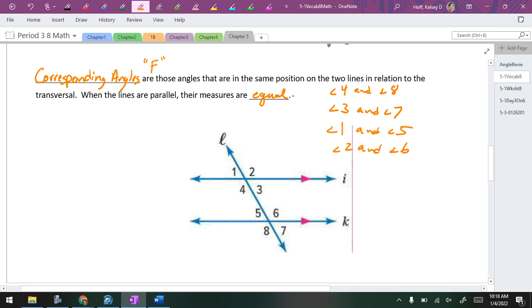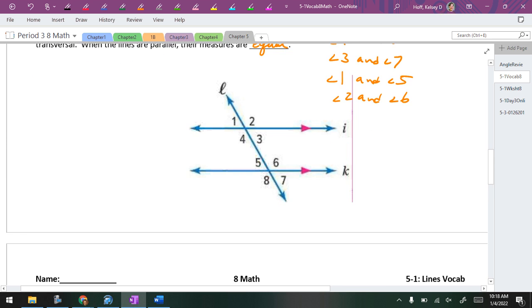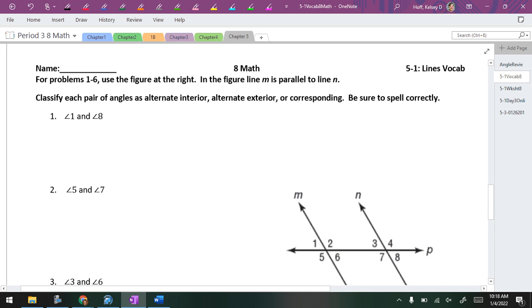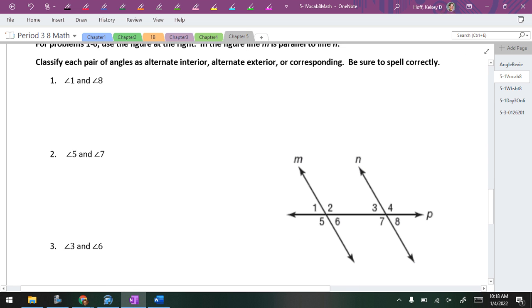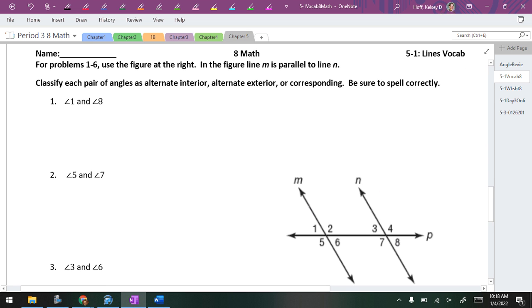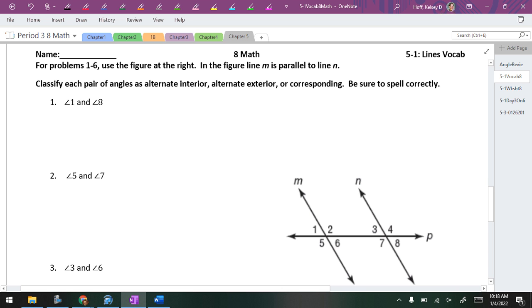Okay, so if we flip this over, our directions say, for problems 1 through 6, use the figure at the right. Line M is parallel to N. Classify each pair of angles as alternate interior, alternate exterior, or corresponding. Be sure to spell correctly.